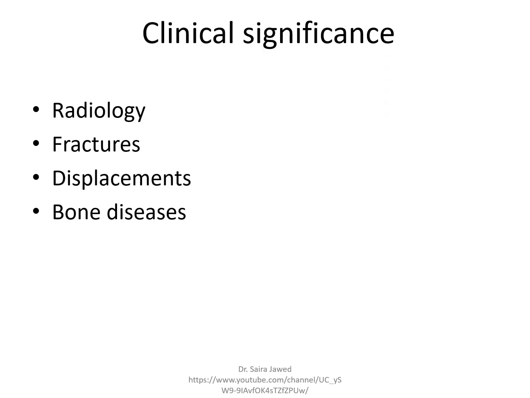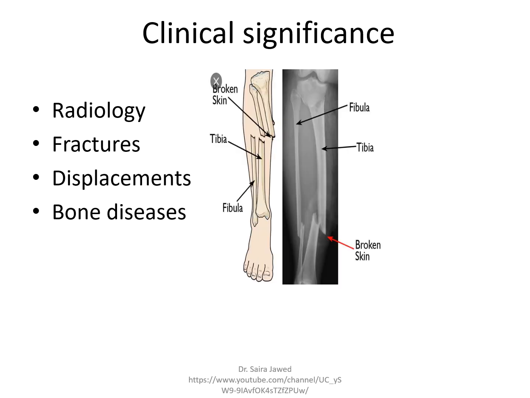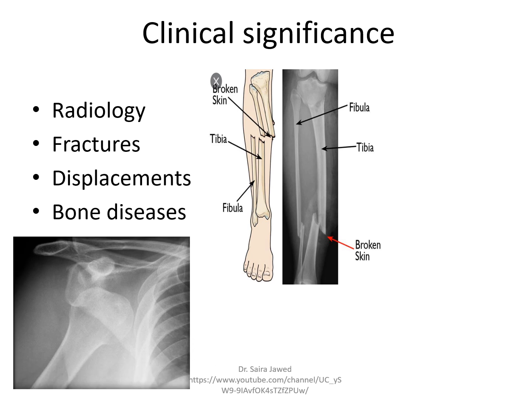When you know the parts of the bones, it really helps you clinically, especially in radiology when you have to read the x-rays and the CT scans. You can also identify various fractures, and you can label them on which part of the bone the fracture is present. You can also identify the displacements.